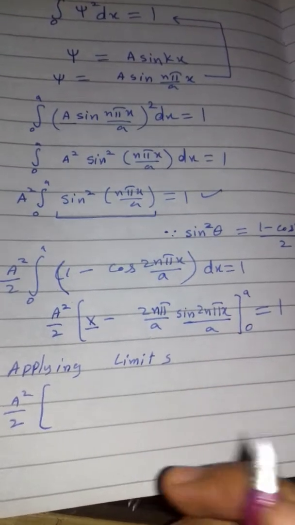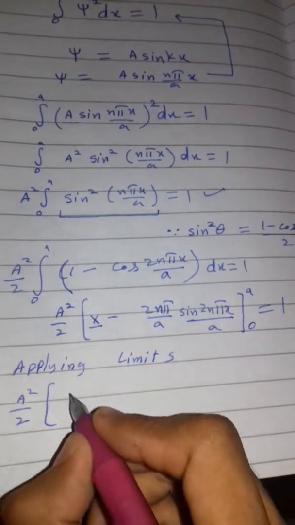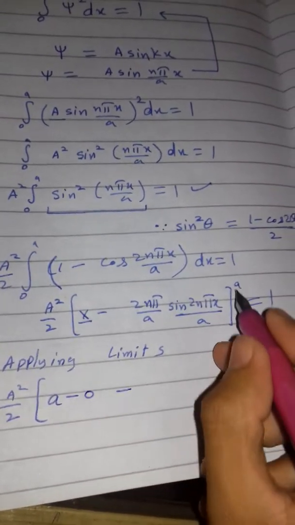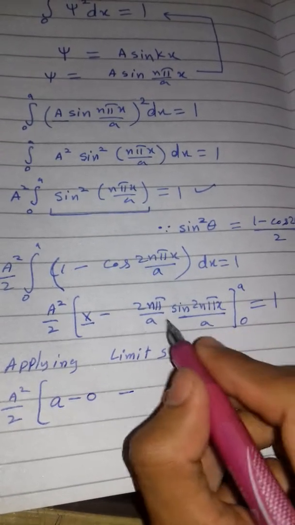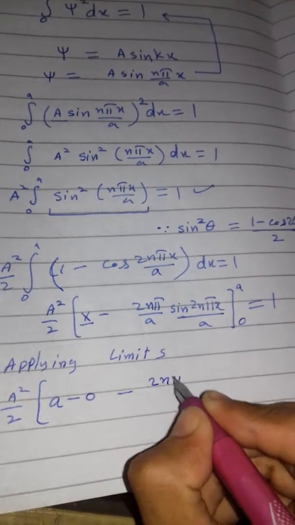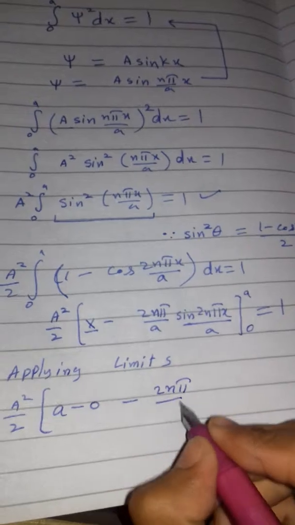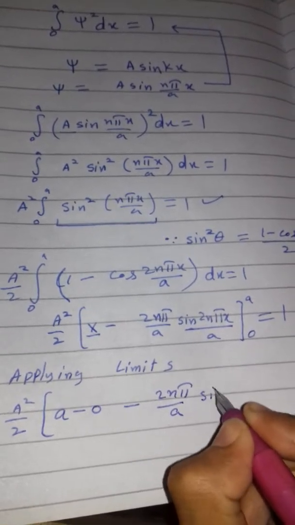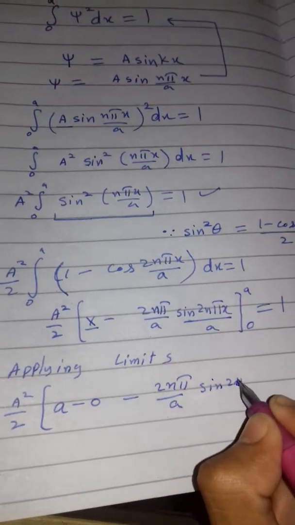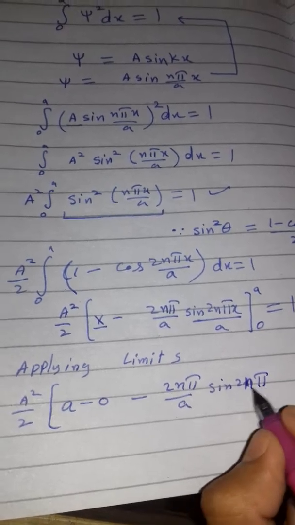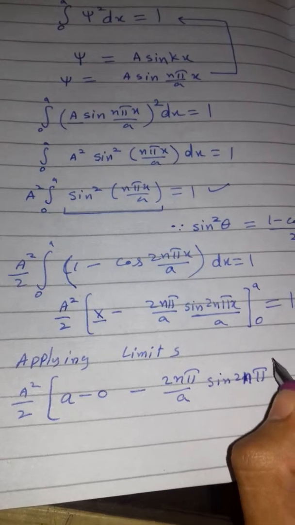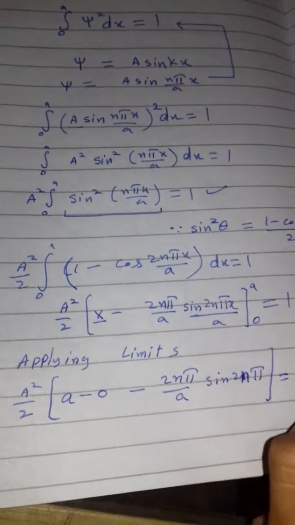So if we put a, it is a, and if we put 0, it is 0, minus the second term: if we put a as x in this expression, then we get (a/2nπ) sin(2nπ), where a cancels.